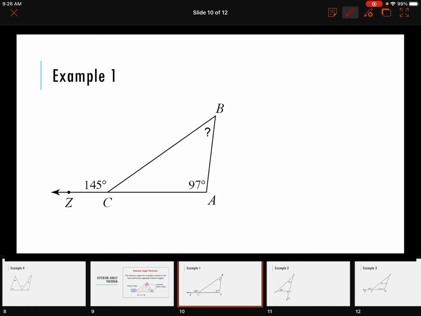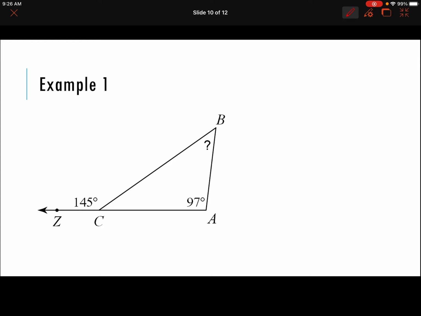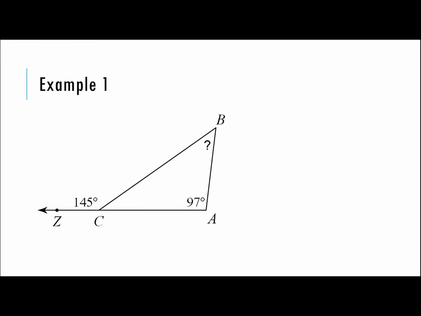Our next example of this is, all right, so we have an angle that's 145 degrees on the outside and this missing angle B on the inside. So what we know is that this exterior angle, 145, we'll even put exterior, is equal to the sum of the two remote interior angles.